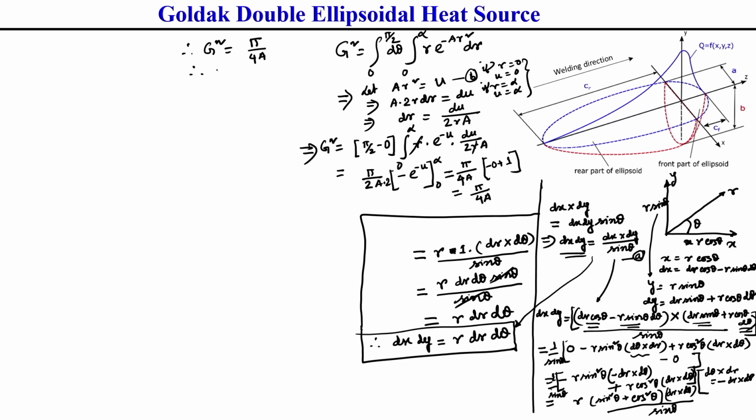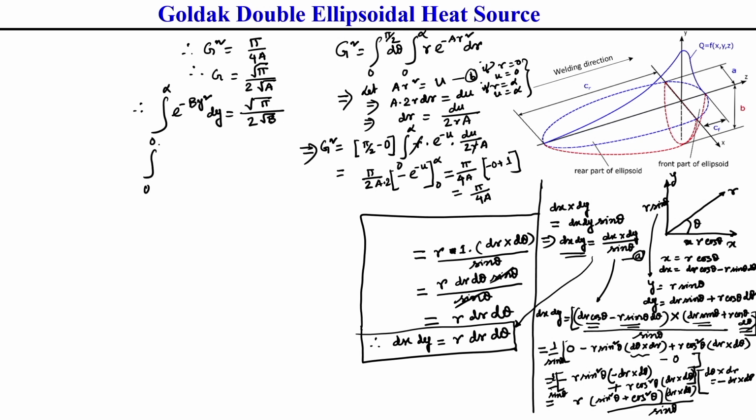So, what is g? G you can write as square root of pi divided by 2 root a. This is for the x component. Similarly, for 0 to infinity e to the power minus b y square dy, we can easily calculate the integration as square root of pi by 2 root b.